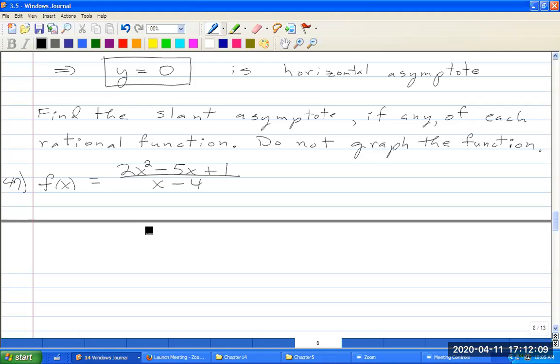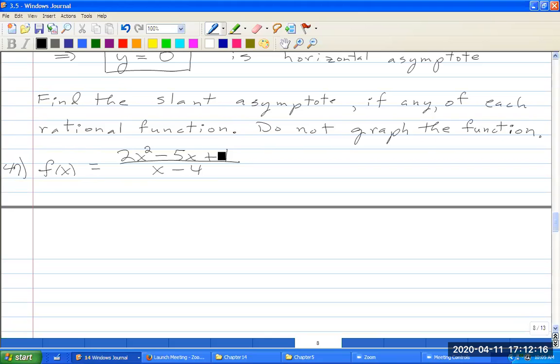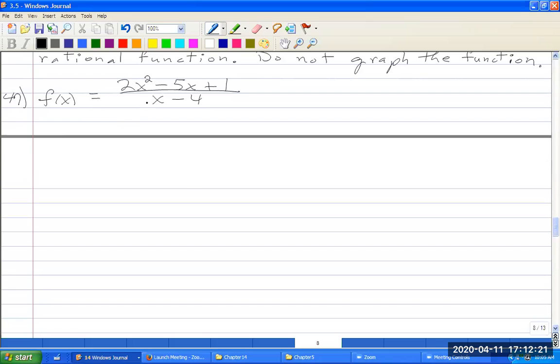So let's first try to simplify this rational function. Let's divide this numerator by the denominator. I'm dividing by x minus 4, so let's use synthetic division. It'll be easier. So I have 2x squared minus 5x plus 1. Let's drop down the 2, times 4 is 8, minus 5 is 3, times 4 is 12, plus 1 is 13.